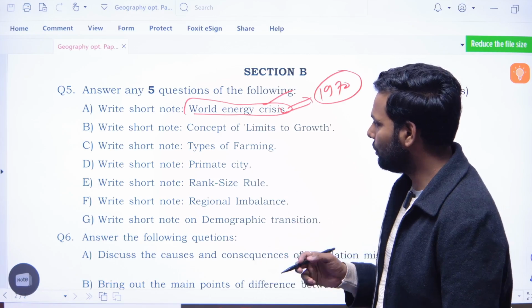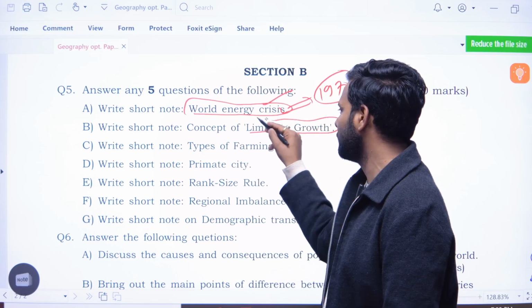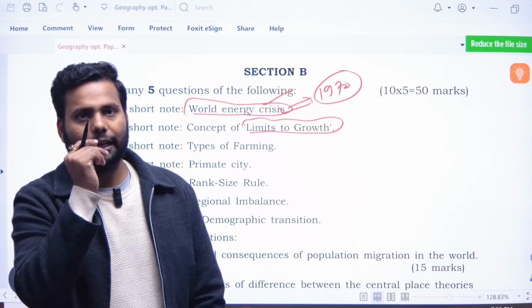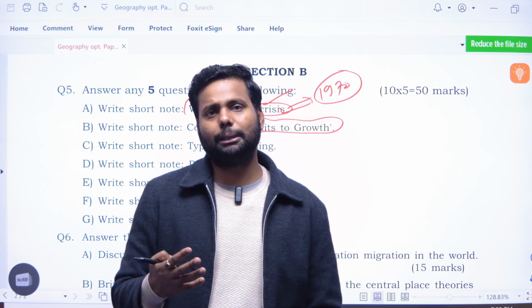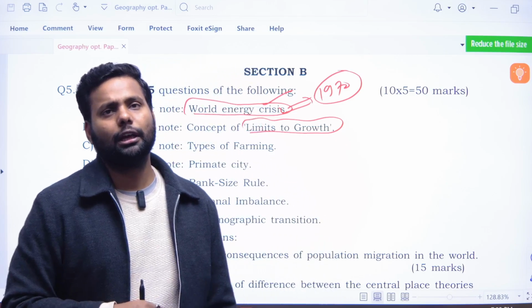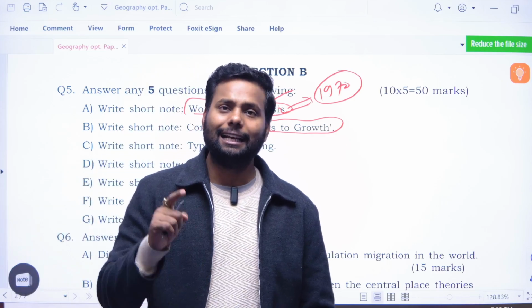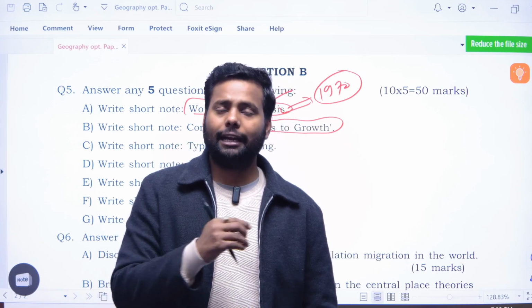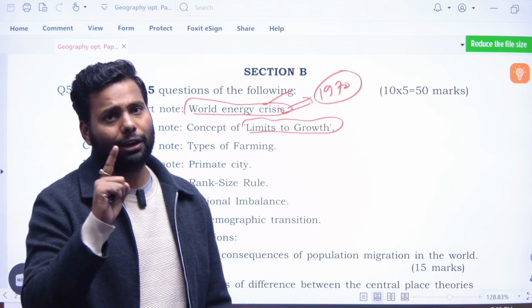In the second question, write a short note on the concept of limits to growth. The context tells us that there are limits to growth. It is a very pessimistic approach, where the limits to growth model says that the food crisis and the resource crisis are fixed. They cannot be washed out; they can only be delayed.